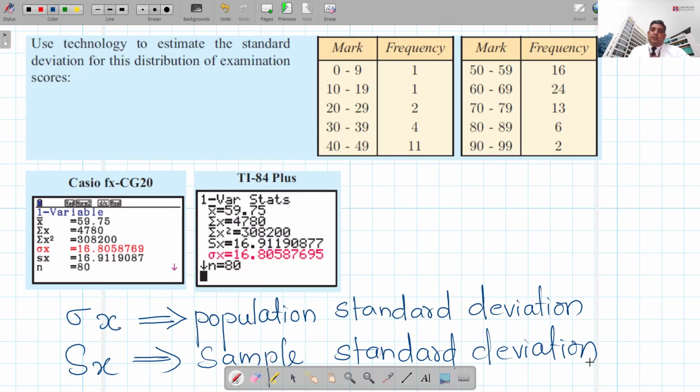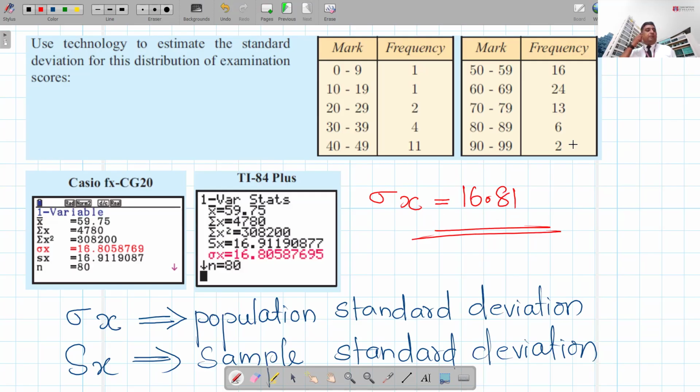So here we are not told, but this might be the scores for an entire grade. So that's the population. We will consider this as our answer, which is 16.81. So the standard deviation in this case is 16.81.